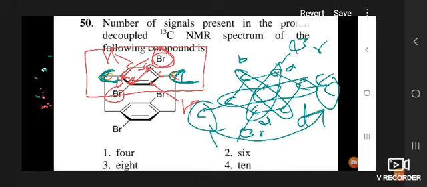Again in that particular part, you see whether there is a center of symmetry or not. If there is a center of symmetry, then the atoms or groups which are opposite to each other also form the same group. In that way, you can find the correct C13 NMR or H1 NMR signals by adding the plane of symmetry or by considering the center of symmetry. So here the correct answer is 4.